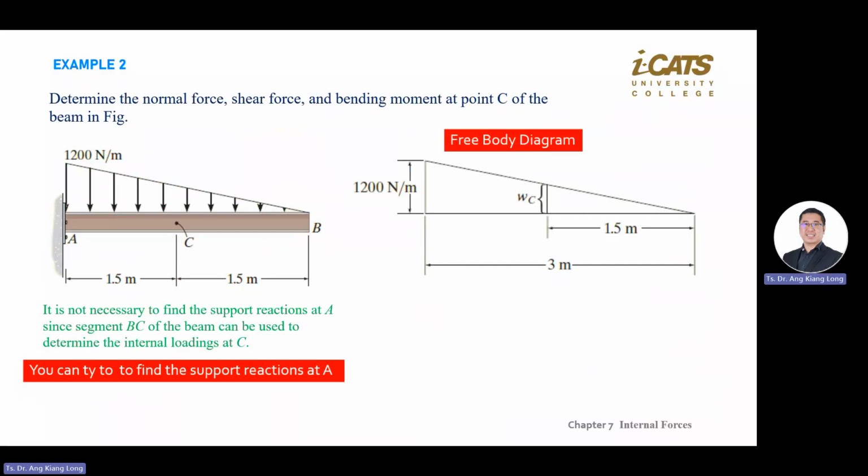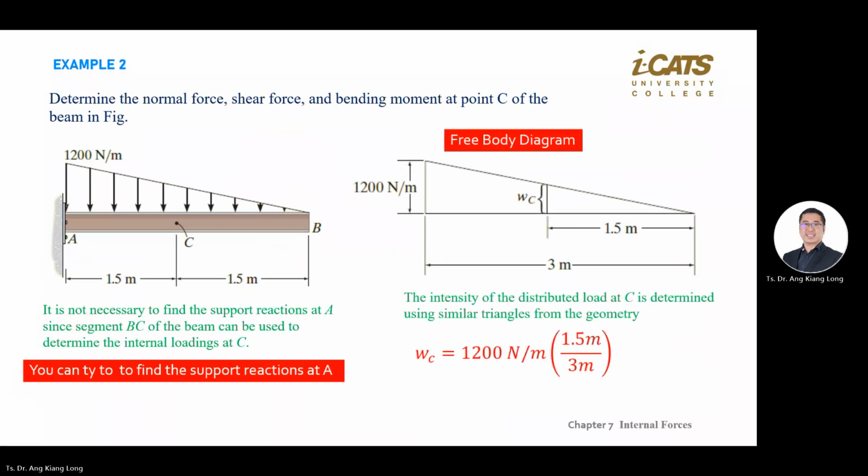So what is important in this diagram? Convert this distributed load of 1,200 Newton per meter into the triangular. There's a calculation there. You use the ratio of the triangular. At the length of 3 meter, you get maximum 1,200 Newton.